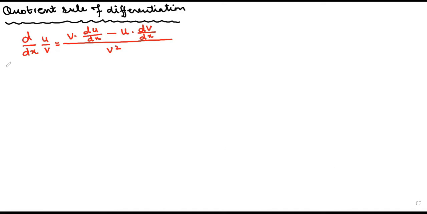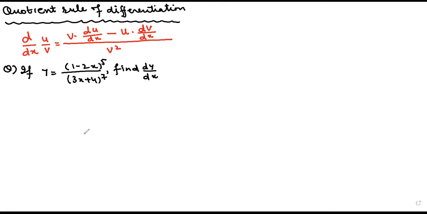Now, the question is, if y is equal to (1 minus 2x) power 5 divided by (3x plus 4) power 7, the requirement is to find dy over dx.